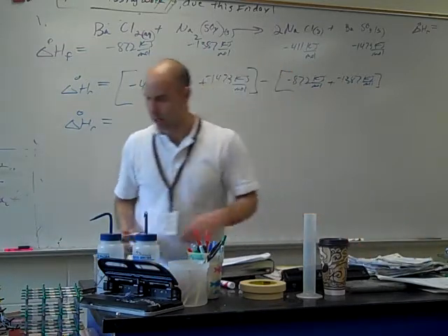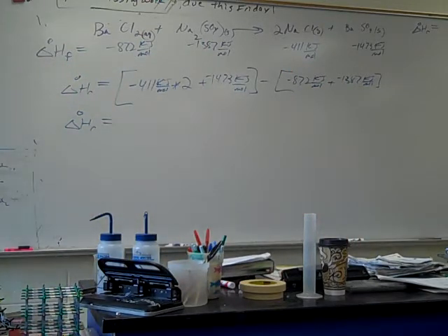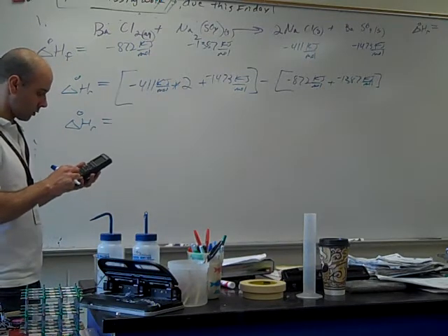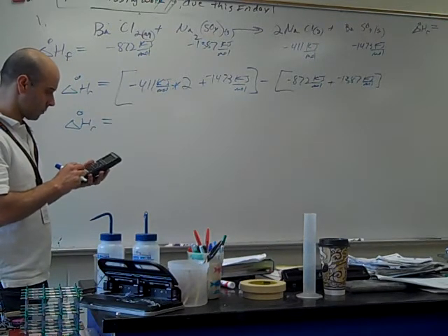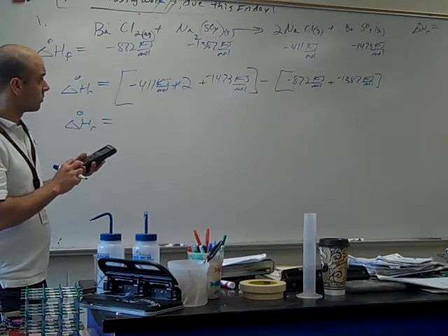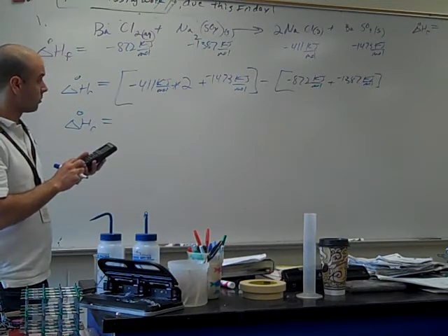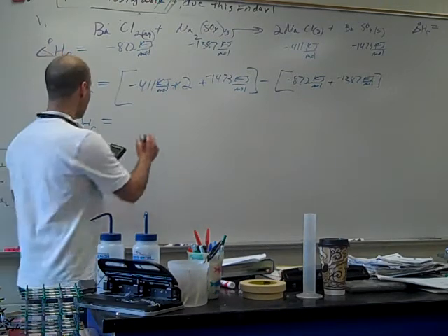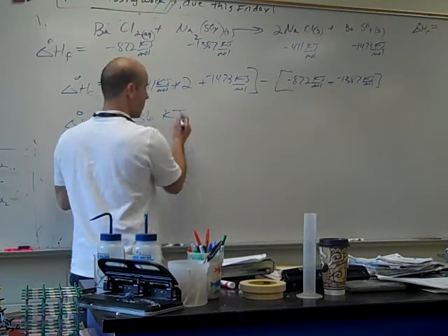And our delta H of reaction is negative 36 kilojoules.